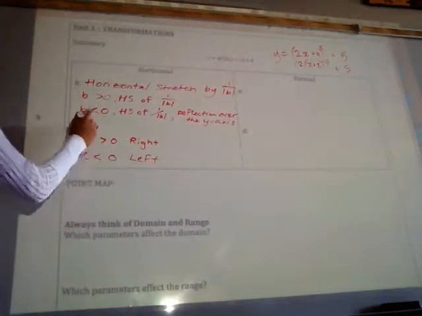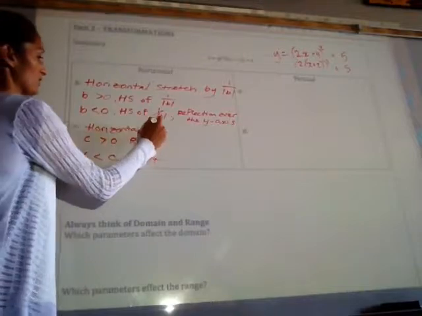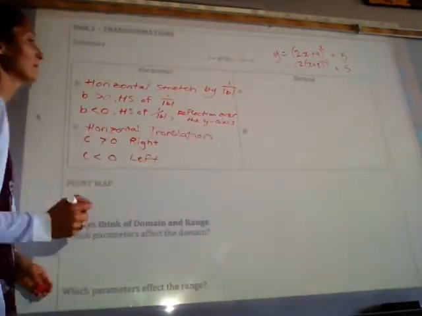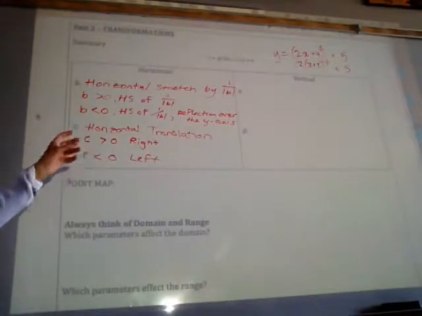Overall, this is a horizontal translation. We're going to go through a few examples later where you're seeing when it's positive, when it's negative, which way to move.